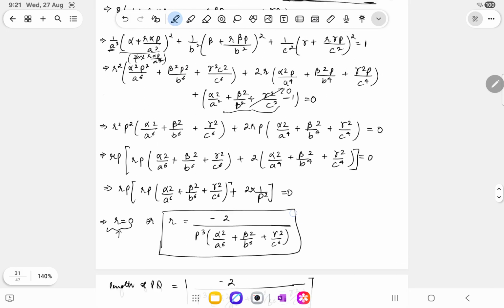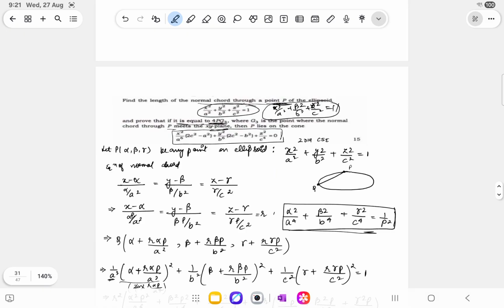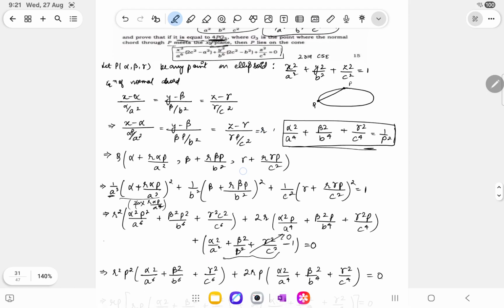So the question further says that this length is equal to 4 PG3, where G3 is the point where the normal meets the xy plane. If the normal meets the xy plane, then its z coordinate must be equal to 0.